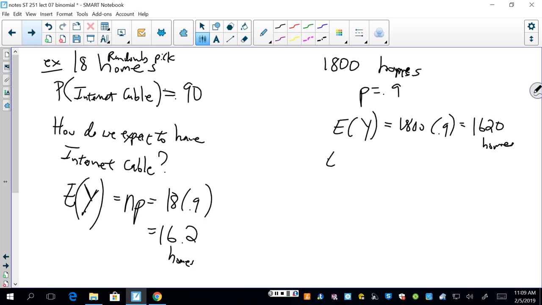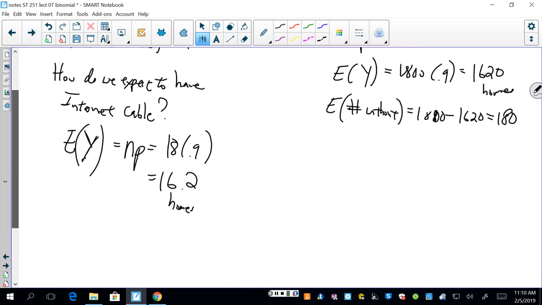The expected number without the cable is going to be 1,800 minus 1620. So 180 would be the expected number without the internet cable. So if you wanted to ask questions about both with and without, you'd expect to get 1620 in one group and 180 in the other, pretty imbalanced, just by random selection, right?